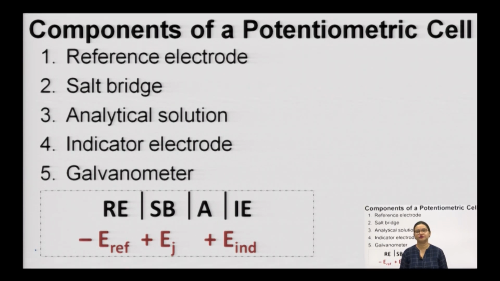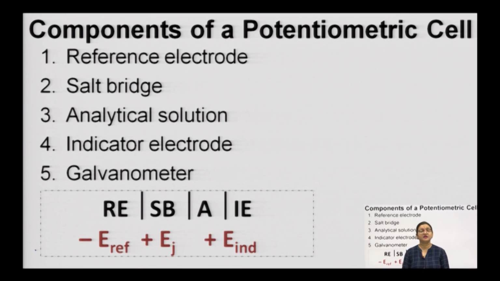The indicator electrode, as I told you in my previous lecture, is the electrode which determines the concentration of the analyte because it changes its potential over the titration as the analytical ion changes. As the concentration of the analytical ion changes, the indicator electrode changes its electrode potential, which you will measure with a voltmeter. The electrode potential, which you will get in the form of the E cell of a potentiometric cell, you will directly correlate with the analytical concentration, the concentration of the analyte which is to be determined.